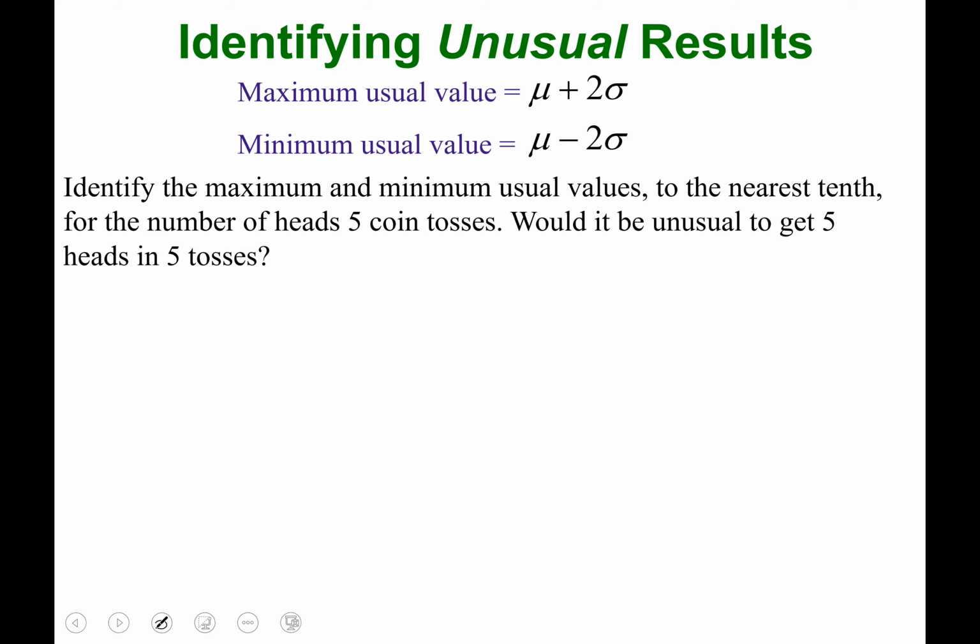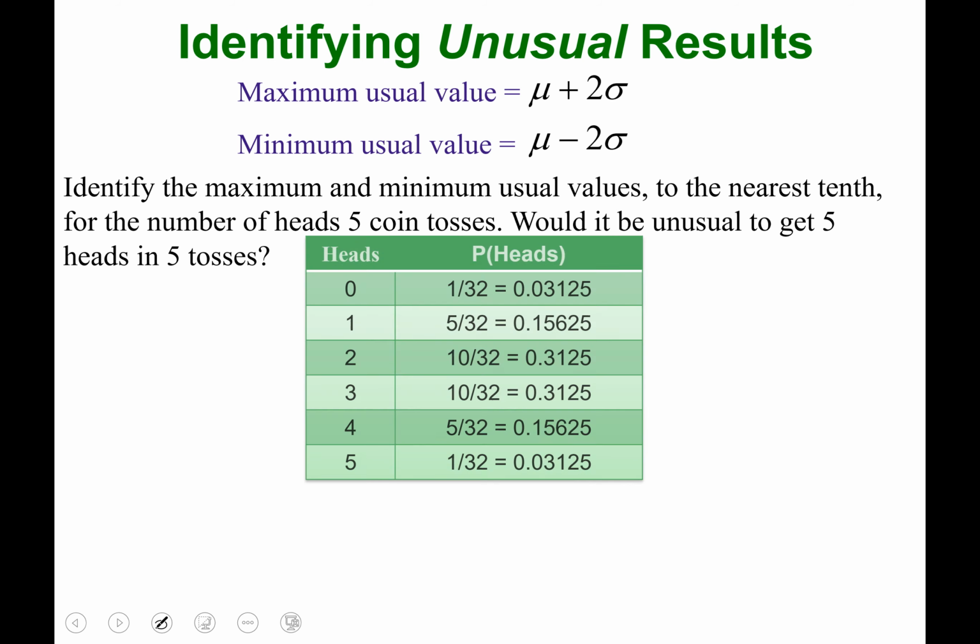Identify the maximum and minimum usual values to the nearest tenth for the number of heads in 5 coin tosses. Would it be unusual to get 5 heads in 5 tosses? Okay, the table was constructed for us this time here. It would be a little bit harder to construct this one on our own, although not impossible. If you want to try it, open up your sample space and start with getting 5 heads if flipping your coin 5 times, and then decrease it all the way until you're at 5 tails.